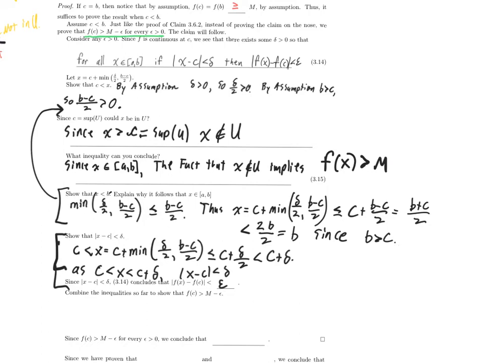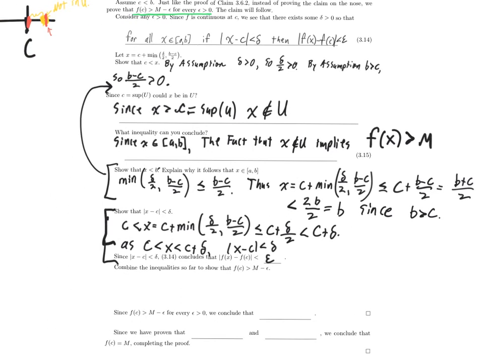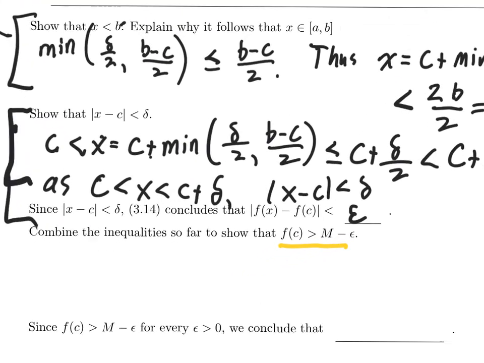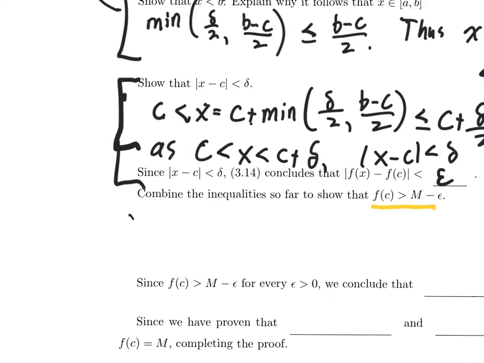All right, so I know there's a lot of scrambled stuff here, but the two things that I will need to now show that f of c is bigger than m plus epsilon is this and this. And it'll be basically the same as what we did previously in the previous claim. All right, so let's see.